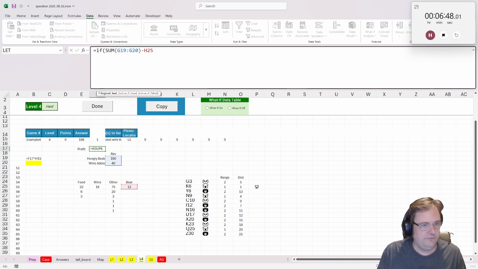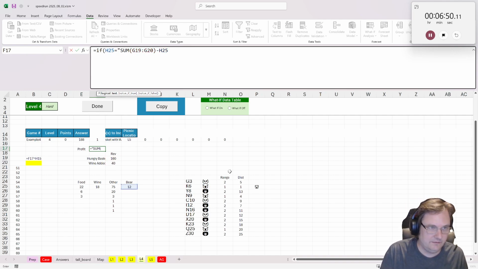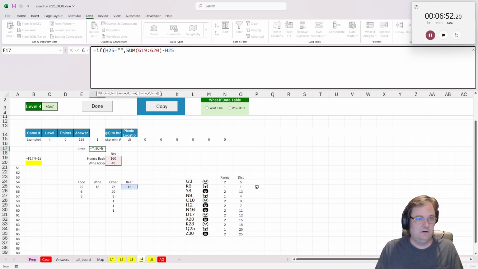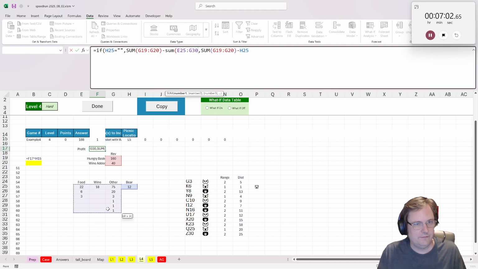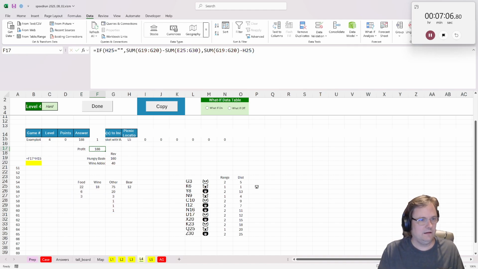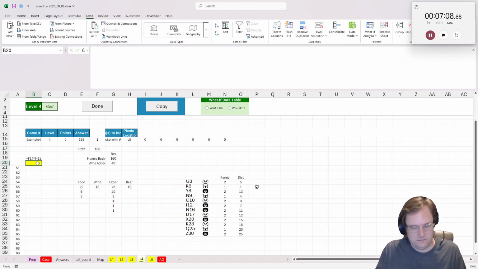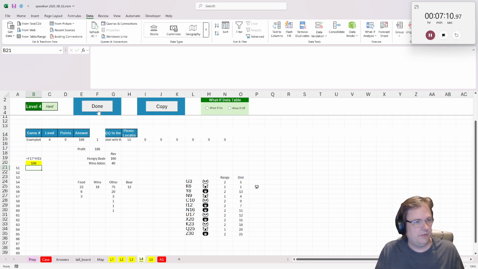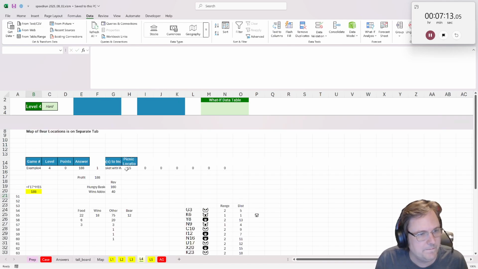So if this is blank, that means no bear, right? So the revenue is the same, right? So the first part of this is the same, but the cost is now, we go back to the actual cost of the basket. If there's no bear, then if there is, we use the bear calculation. All right. So that then is level 4.